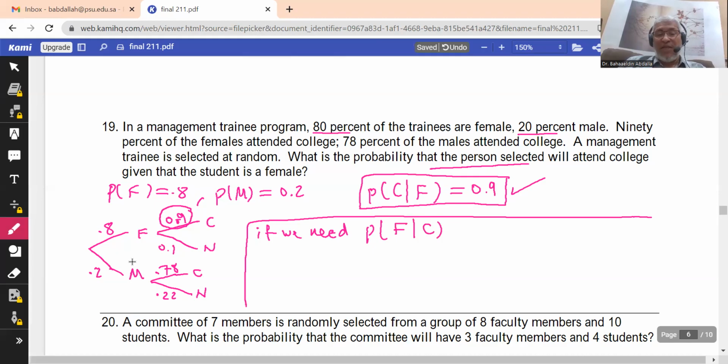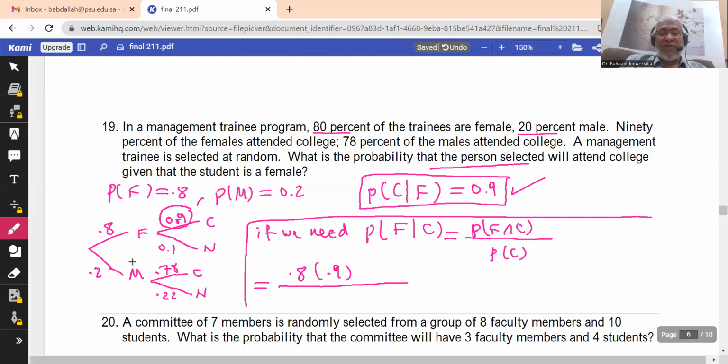In this case, the probability is P(F intersection C) over P(C). And you can find P(F intersection C) from the tree diagram by multiplying 0.8 times 0.9.